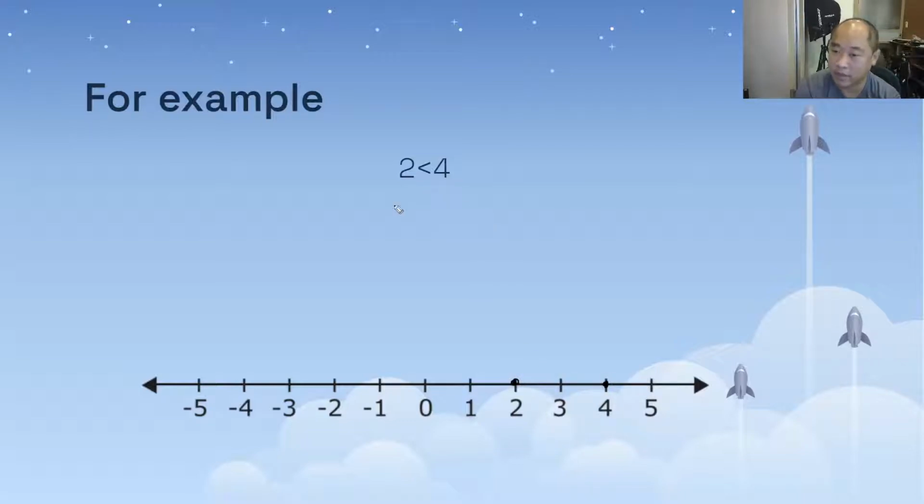It's less than, right? So what if I multiply by negative 2 on both sides? Then over here, we get negative 4, and over here, we get negative 8. And which one's smaller? Negative 4 or negative 8? Negative 8 is smaller, right? So look at that. The sign flips around. Isn't that crazy?